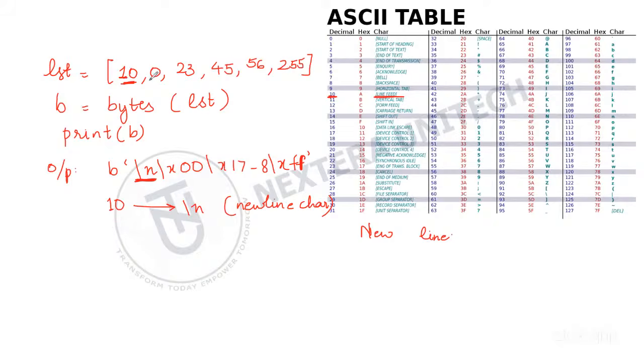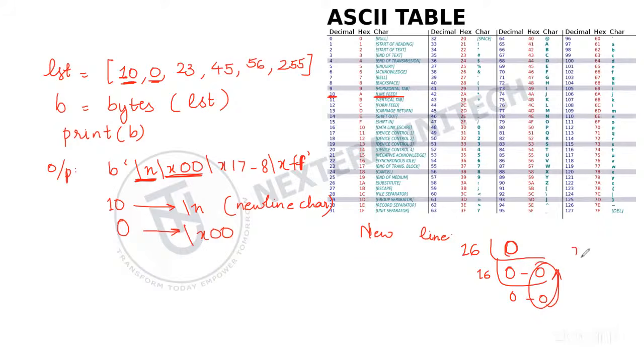Then moving on, we have 0. So 0 here is \x00. If you see the hexadecimal value for 0, if you want to convert a decimal number, you divide it by 16. 16 zeros are 0, so the remainder is 0, and that's how you get 0, 0. So \x00 is how it's changed into a hexadecimal value.